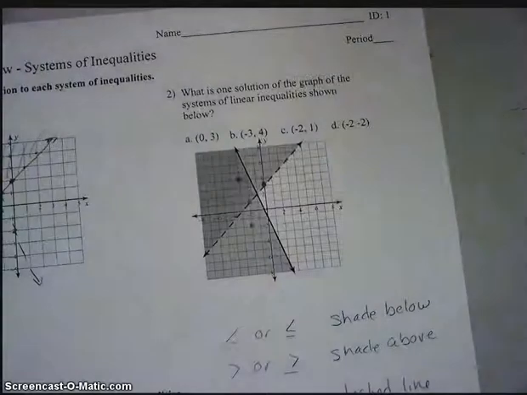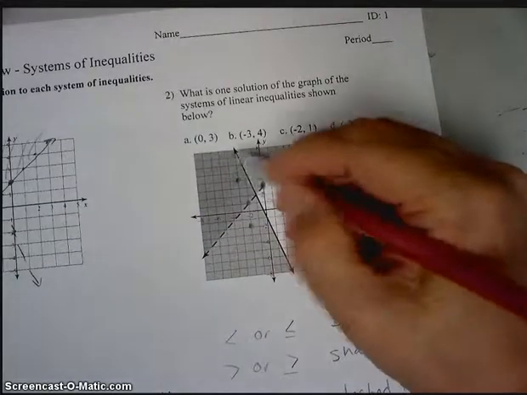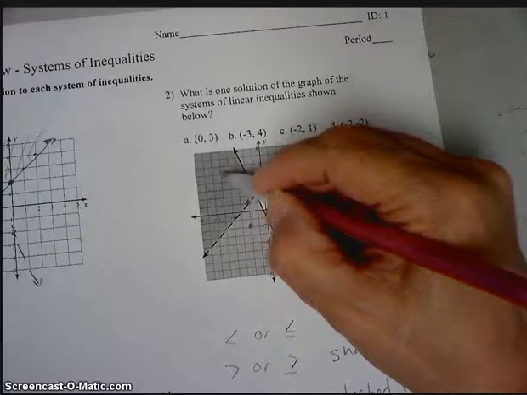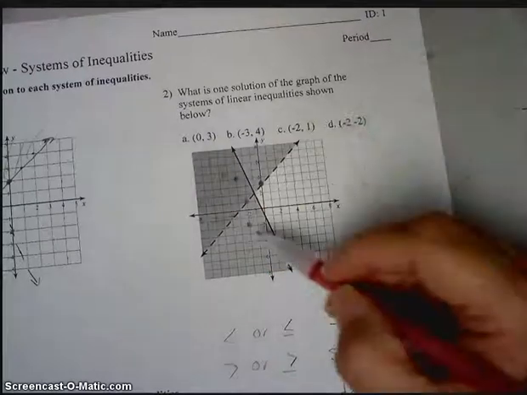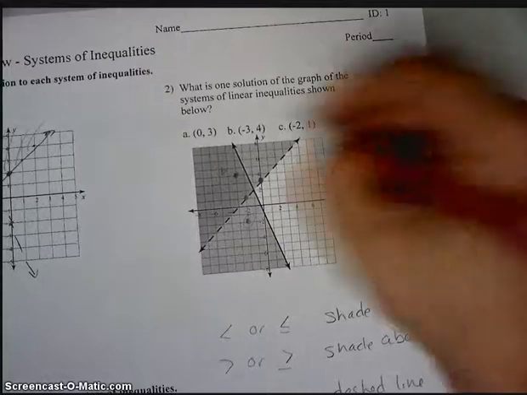Okay, there are my four plots. Right off I can see that B is a solution because it's in the shaded region. This one is not, but this one would be.